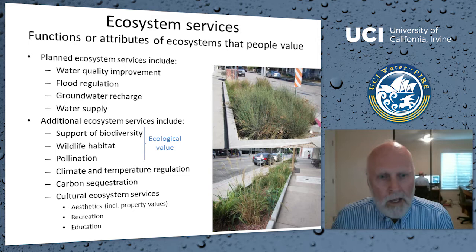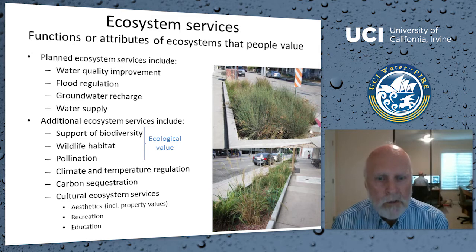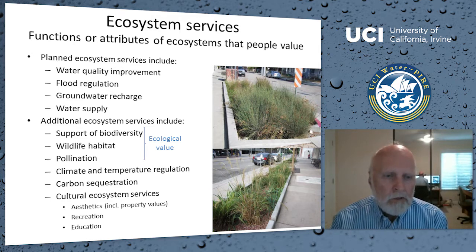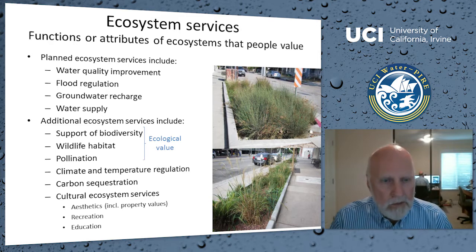And then finally, I want to end by talking about ecosystem services. Jennifer did a great job of introducing the concept of ecosystem services, what they mean. I've listed here some ecosystem services, not by any means a comprehensive list, but I wanted to break them up into two groups. So there are ecosystem services that we specifically are planning biofilters for.